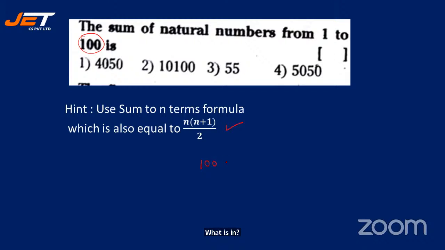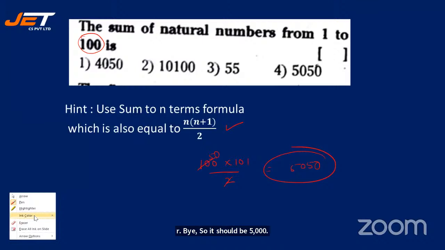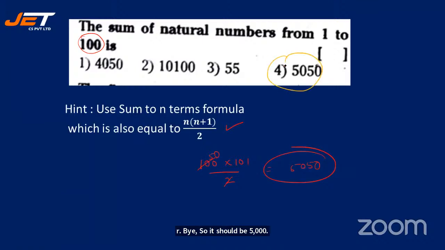So 100 into (100 plus 1) is 101, by 2. So 2 50s are 100, so it should be 5050. So your answer must be 5050.